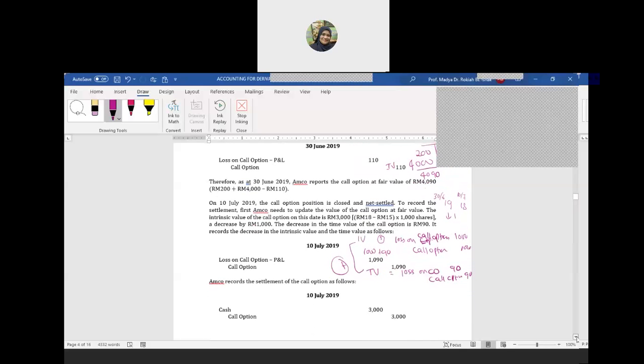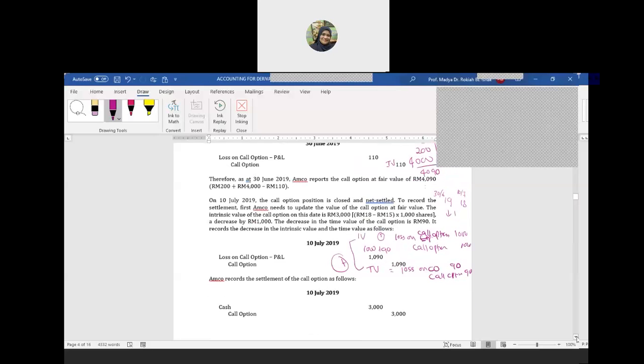Okay, so we're going to record the settlement here. For the settlement, you need to look at the balance of your call option. Again, you prepare the call options account. You start with the 200. Then you have an increase in value by 4,000. This one is on 30th of June.